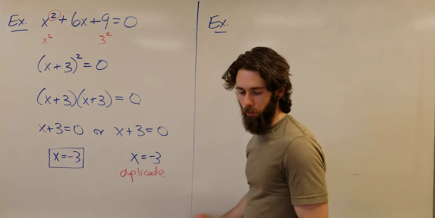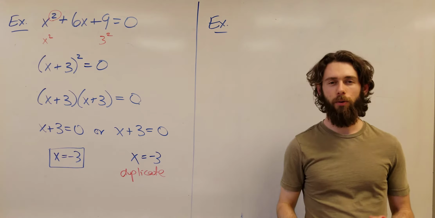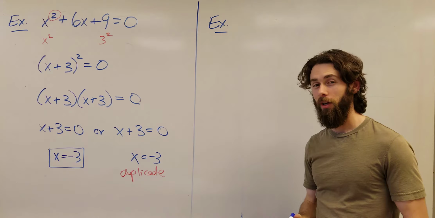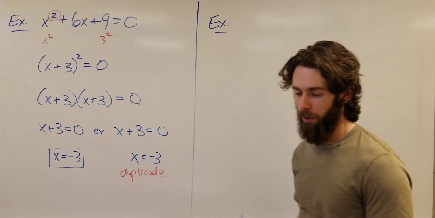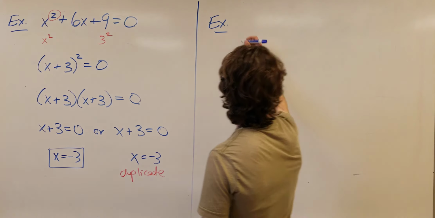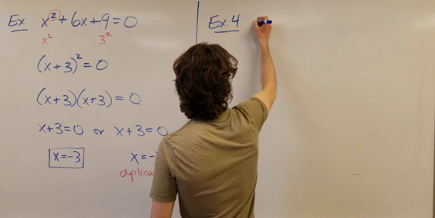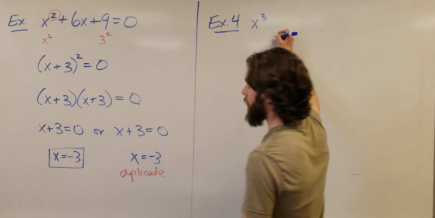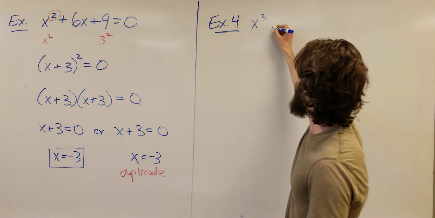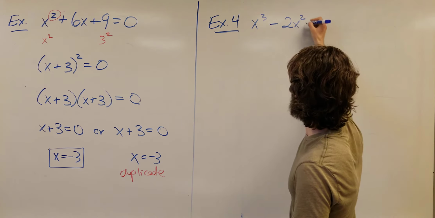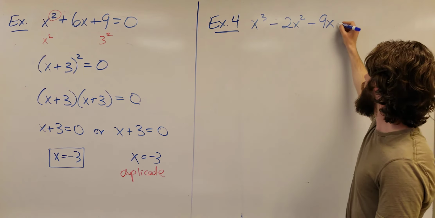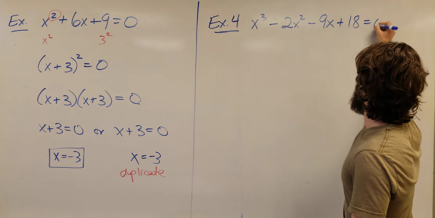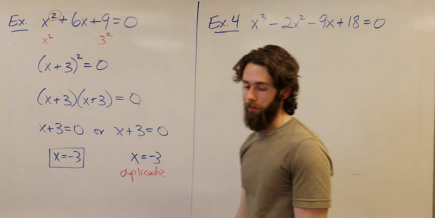So let's look at example 4, and we'll see how we can extend this to any polynomial that we're able to factor. So here I have x cubed minus 2x squared minus 9x plus 18 equals 0.